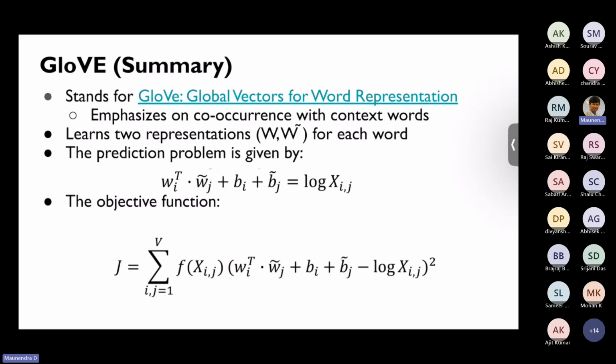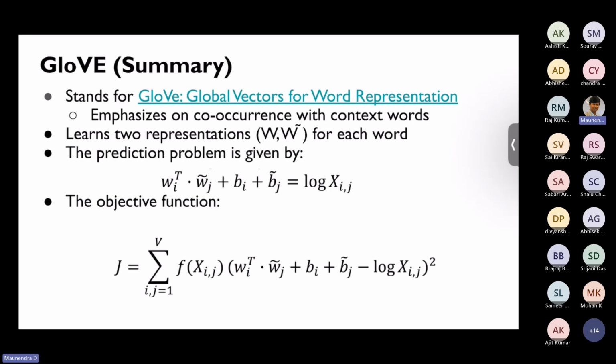So the idea is that for each ij pair, we are trying to find this prediction. However, for words which co-occur many times, we give a higher weightage. On the other hand, for words which co-occur fewer times, the weight is less.